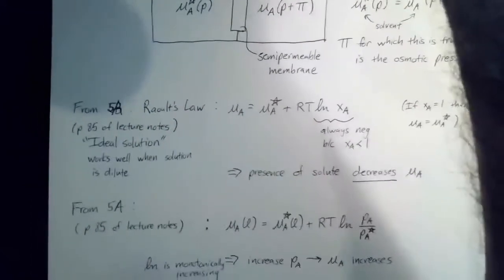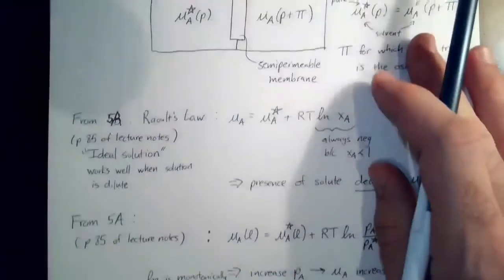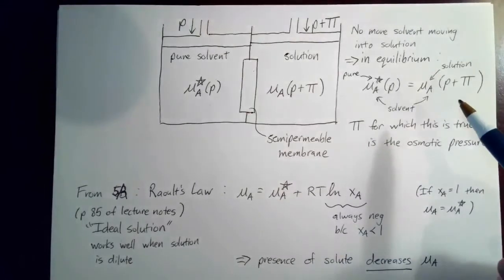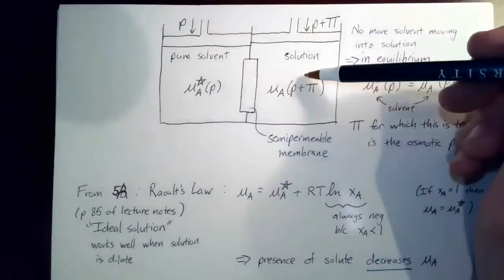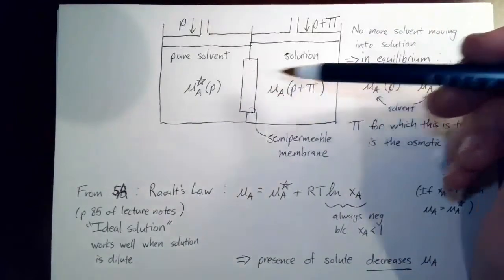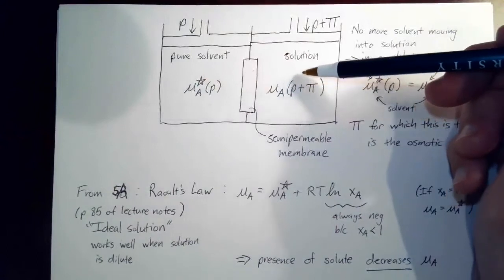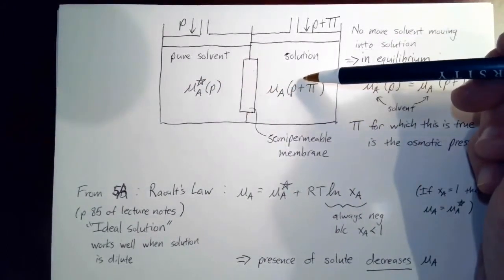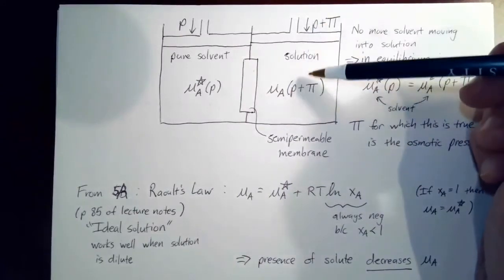So let's look at these two results combined and go back to this drawing. By adding a solute to the solvent over here, in comparison to μA star, we have decreased the chemical potential. But if we increase the pressure, then we can increase this chemical potential.